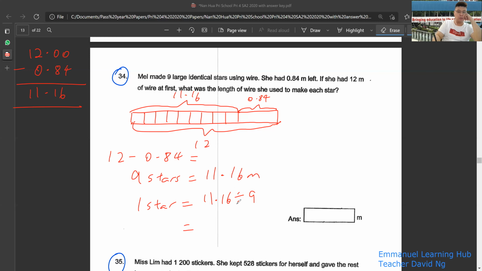Okay, you divide by 9, you tell me what answer you have. You do your long division, 11.16 divided by 9. Because by right now, you should know how to do all this long division, so I won't handhold you already. You do it yourself and you tell me what's the answer you have.